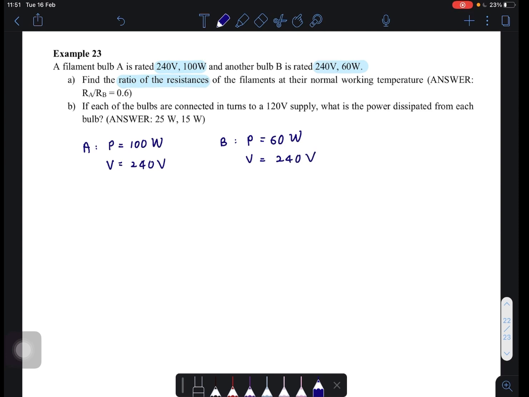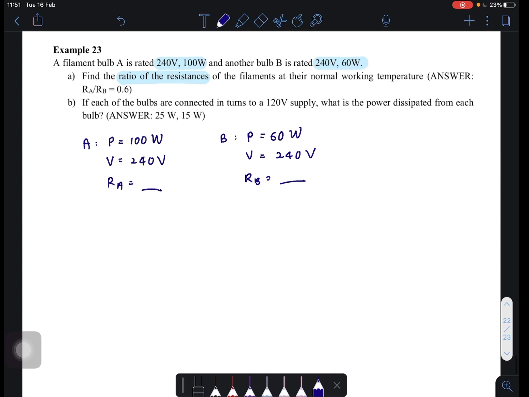And then each of these bulbs will have a resistance, but we don't know the value. So each of the bulbs has its own resistance. And now the question asks for the ratio of this resistance. So it will be RA divided by RB. So this is what we want to find.